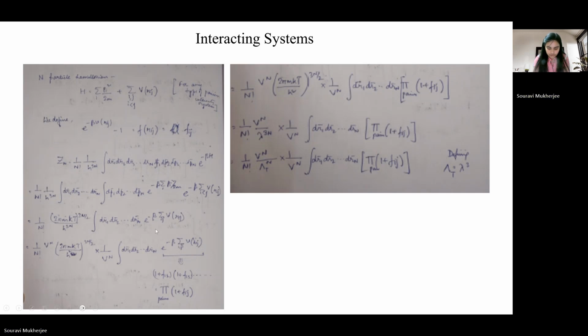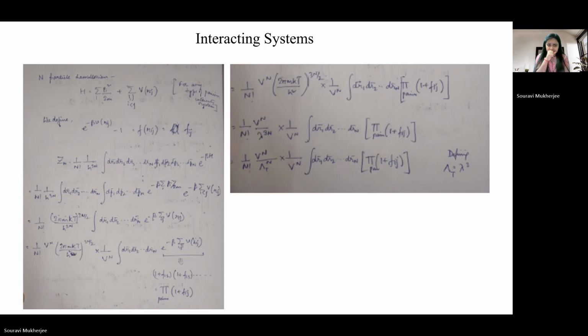Okay. So what is this telling you? Now you have to do a new integration over position coordinates, where the position coordinates affect the potential, which is given as V of rij. Because these are all pairwise interactions, you can actually group them as pairs.